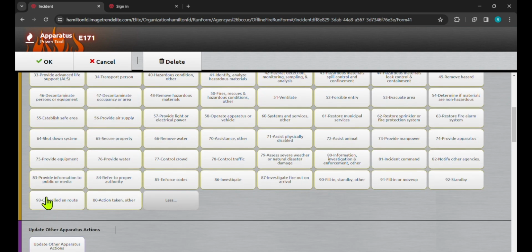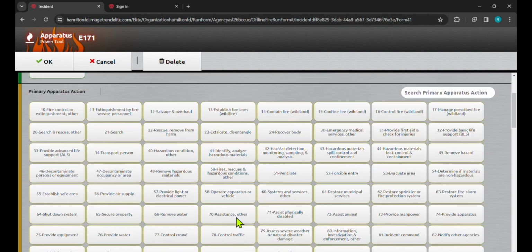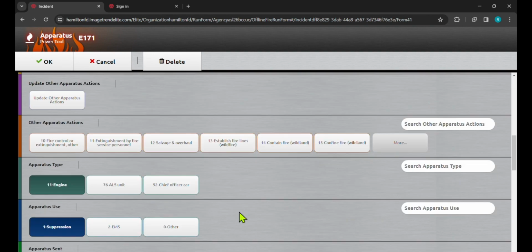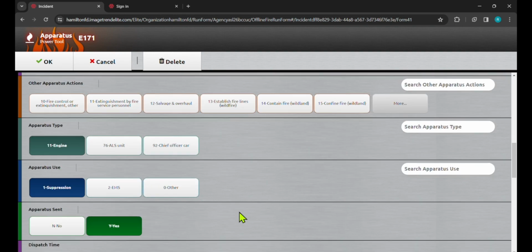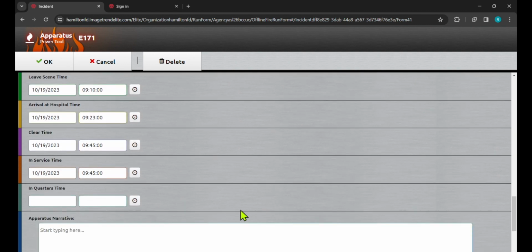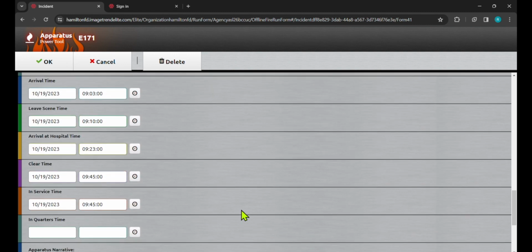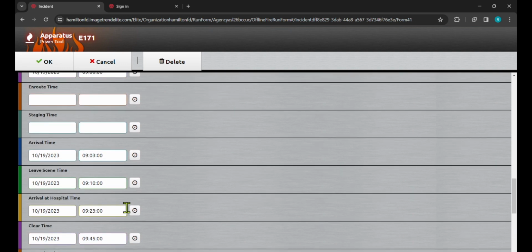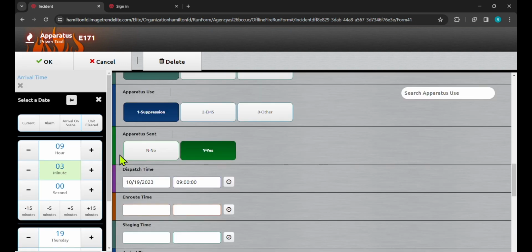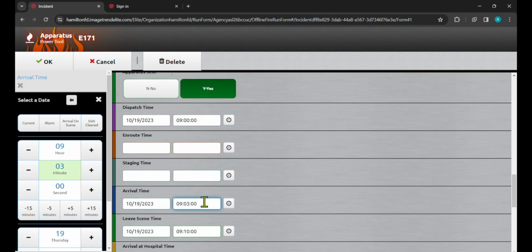They were canceled en route. So that needs to be theirs if that's appropriate. What else does that mean? That means all these pre-populated times need adjusted because this came from the EMS report. And it automatically applied it to the whole NIFRS report and each truck. So what do we need to do? Well, we didn't arrive. We just said we were canceled. Okay, so we were dispatched.